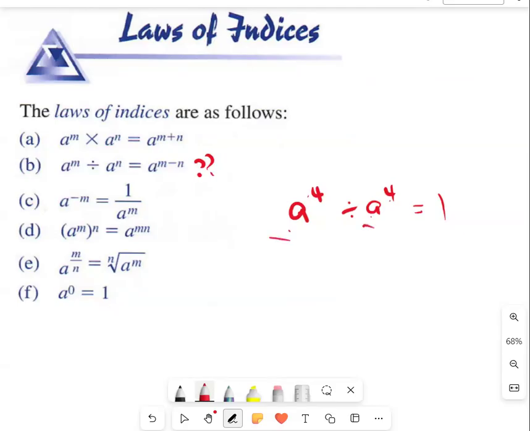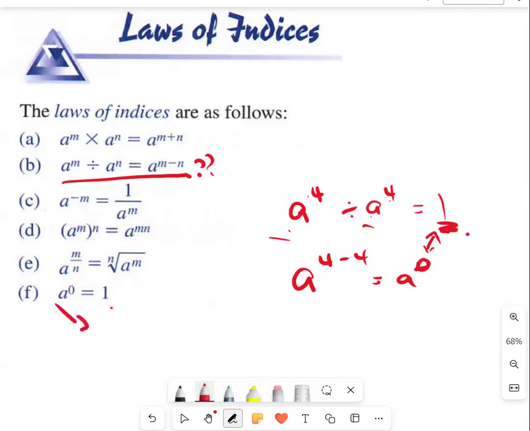Something divided by itself is 1. But if you apply this rule, you will get a to the 4 minus 4 equal a to the 0, right? Which is 1. So a to the 0 is equal to 1.